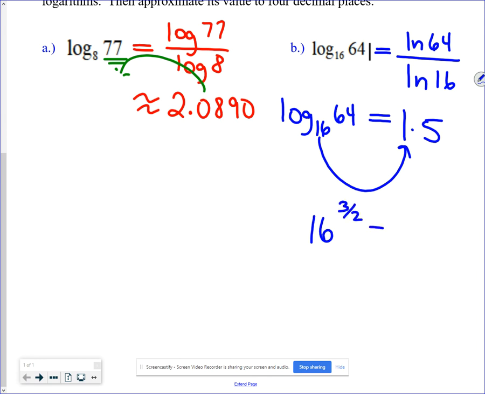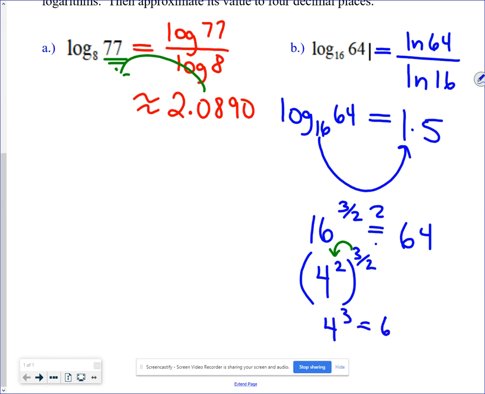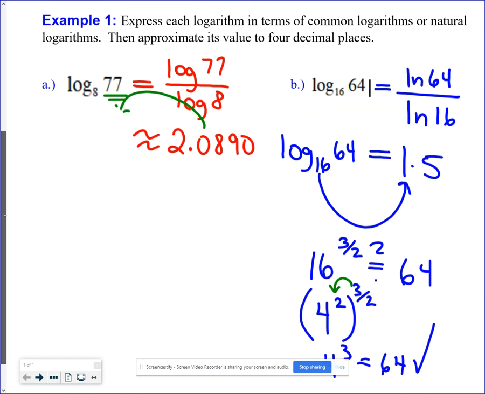Is it equal to 64? Is this a true statement? Or 16, you can rewrite that as 4 squared. So you got 4 squared raised to the 3/2 power. 3/2 times 2 gives you 4 to the 3rd, which is 64. So log base 16 of 64 is 1.5.